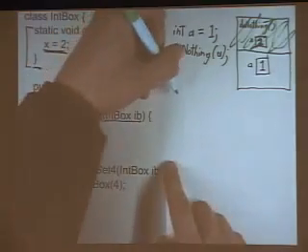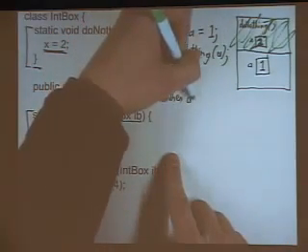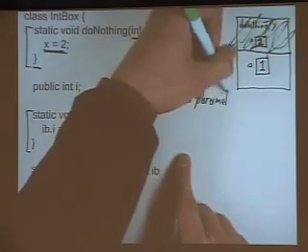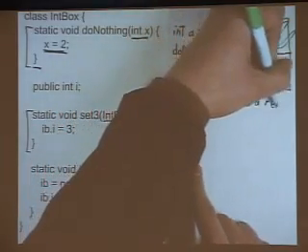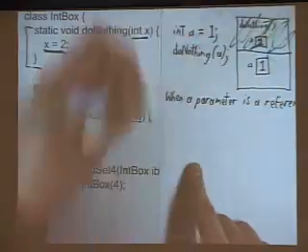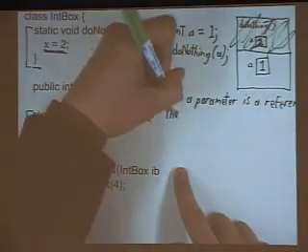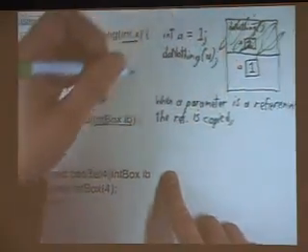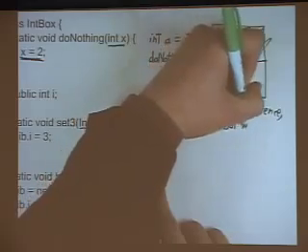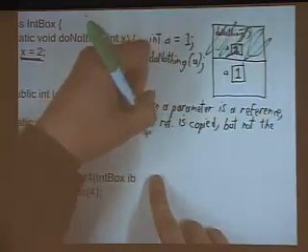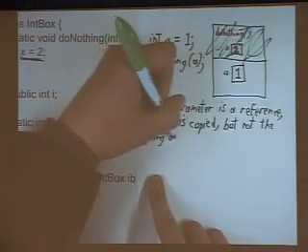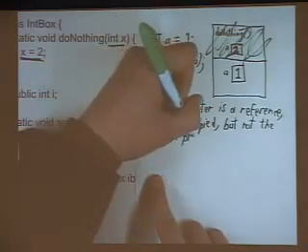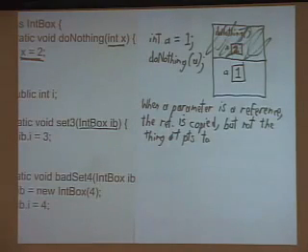And when a parameter is a reference, then the reference gets copied, but not the thing it points to. Well, the object it points to. So you can still change whatever's inside the object, even though you can't exactly change the reference.